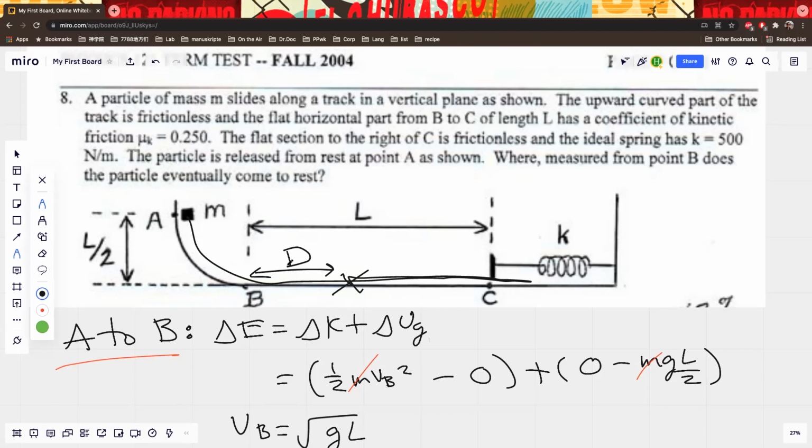Well, I guess we need to keep calculating then. Now, wait, we have the velocity. Didn't we calculate the velocity at C?